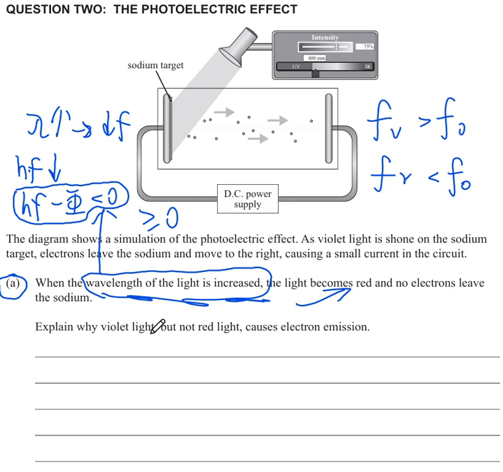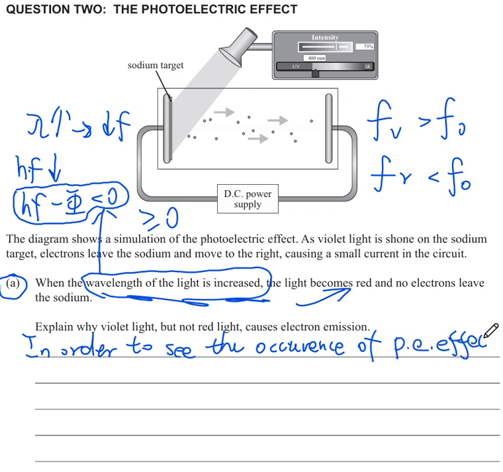Why violet light but not red light causes the electron emission? In order to see the occurrence of PE effect, now I'm using the short version, so in the test you want to write photoelectric effect. Actually, let's use some easy math language here.